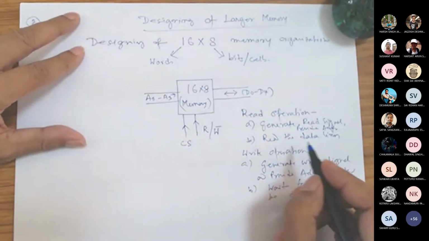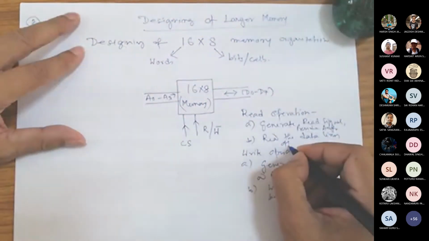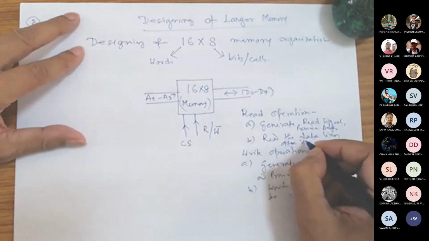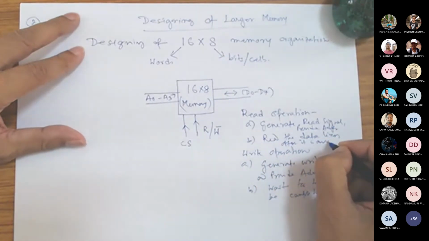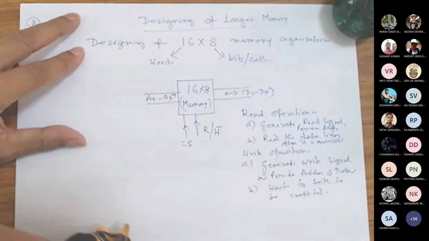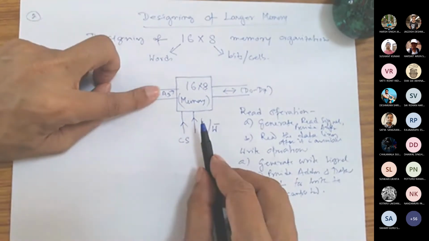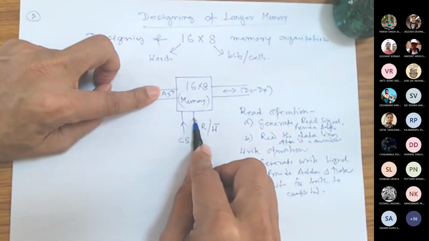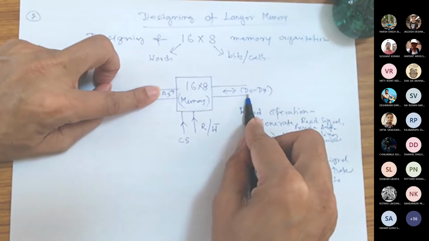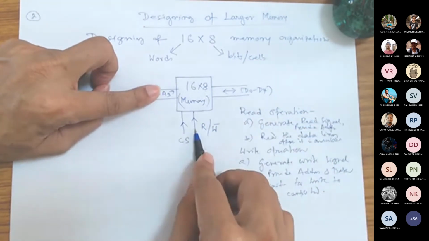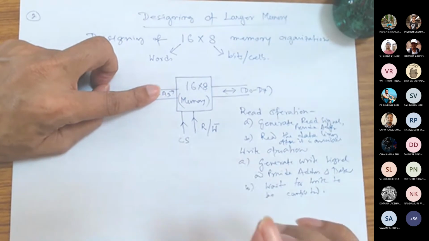Like here, read the data lines after waiting, after it is available. So in the read operation, you give the address, you give the read signal, take the data from here. In the write operation, you give the address, give the data, provide the write signal. That's it. These are the two operations performed.